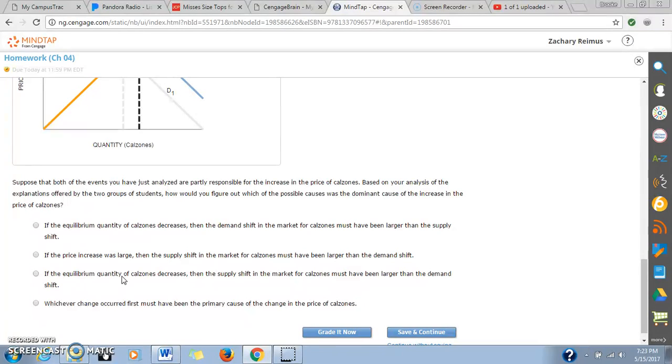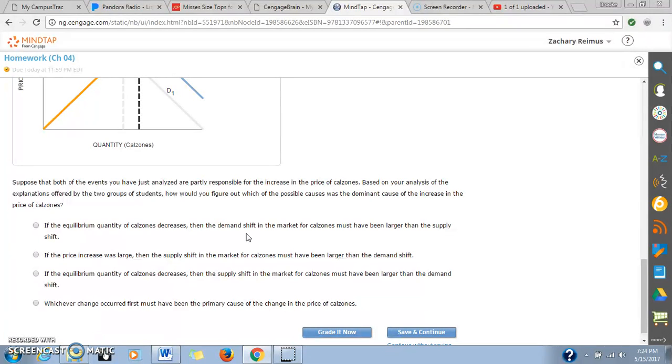So if we look at these two options, it says the equilibrium quantity of the calzones decreases. Then the demand shift in the market must have been larger than the supply shift. This goes back to the question before in the true and false statement at the end.